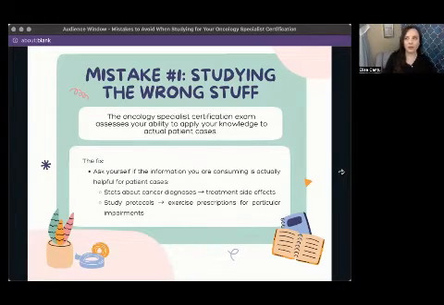Now, the problem that we see for many physical therapists, myself included, is that we have learned very well over the years how to pump our brains full of information and then dump it whenever we take whatever exam that is. Maybe that was in PT school for you. Maybe that was your licensure exam.